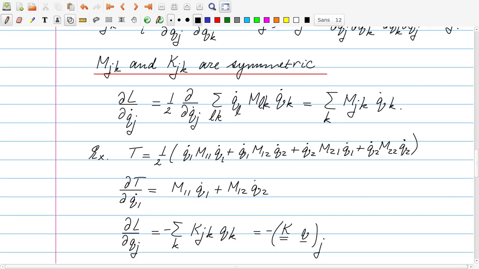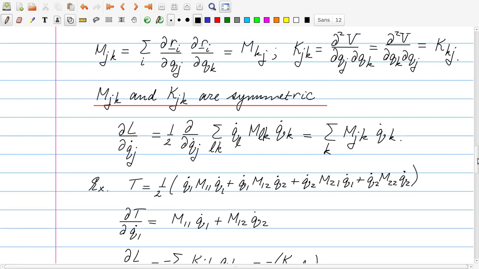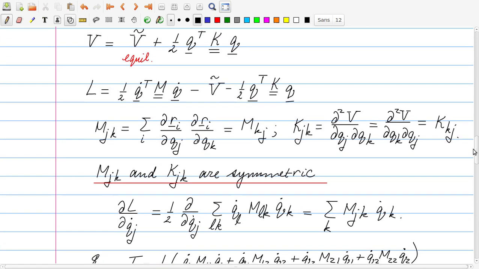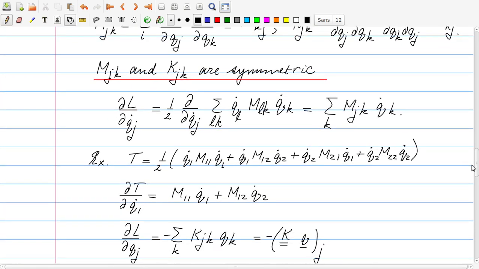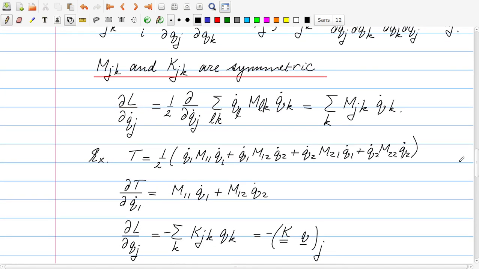We also need the derivative of the Lagrangian with respect to q_j, and that derives from the term with the minus K_jk. That term has a form very similar to the one with the M, and so the analysis proceeds along exactly the same lines, and we arrive at a very similar result, which is that dL/dq_j is minus the matrix K times the vector q, and then the jth component.